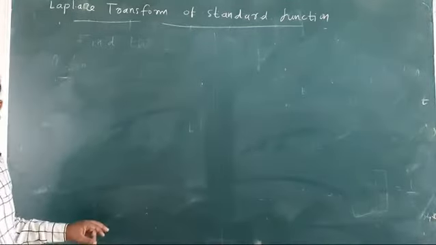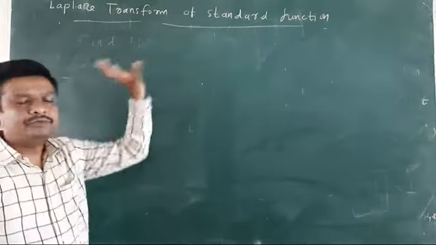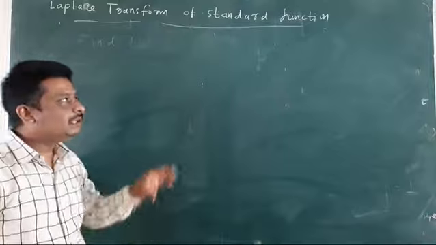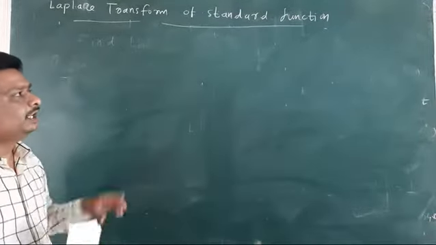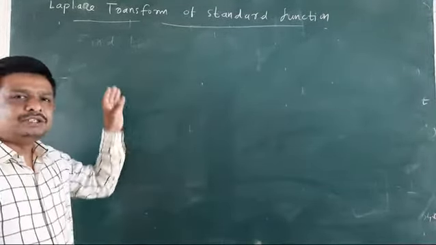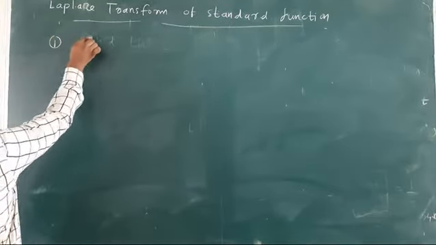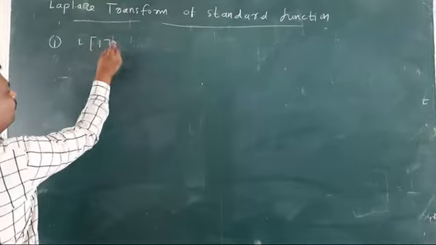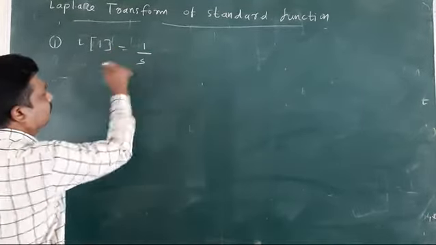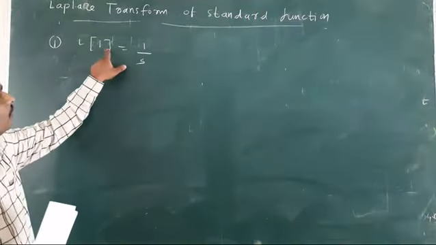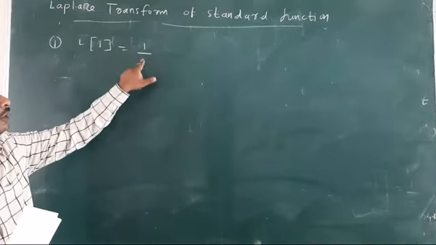Now we will see Laplace transform of some standard functions. First I will write the formulas, then I will take examples based on the formulas. I have already proved the first one: Laplace transform of 1 is 1 upon s.